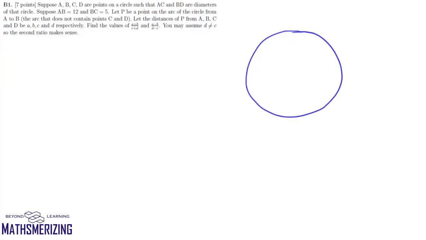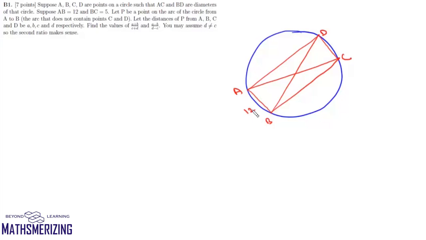So we have this circle, and then we have two diameters, AC and BD. So this is AC, and then we also have BD. Now this ABCD is a rectangle because we know that angle in a semicircle is 90 degrees. It is given that AB is 12, so this value is 12.